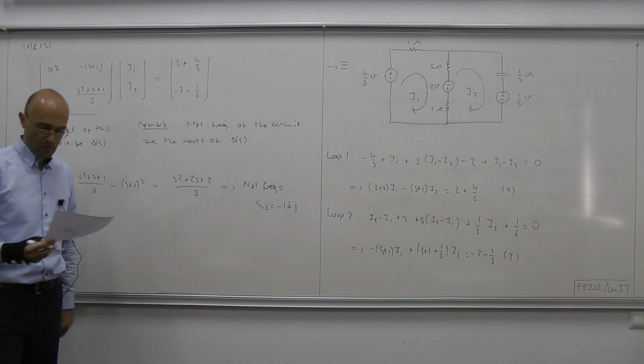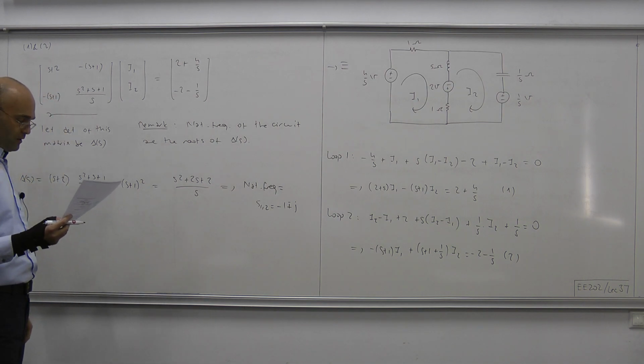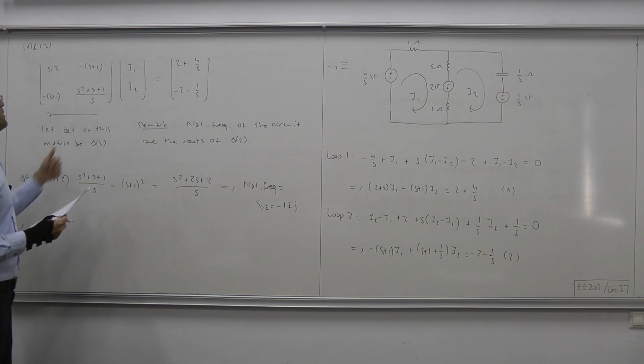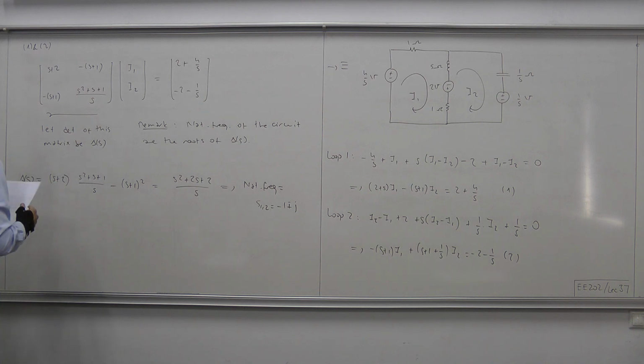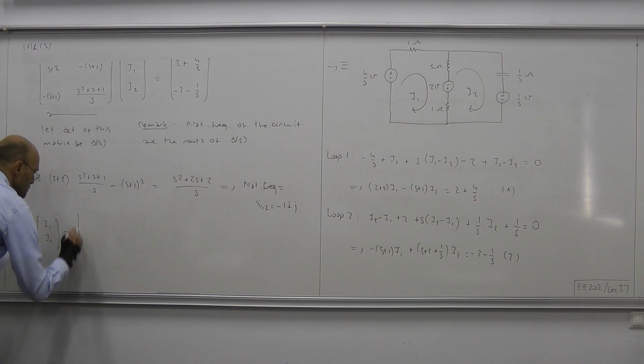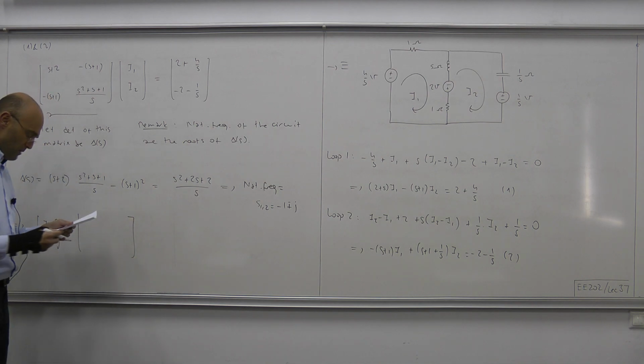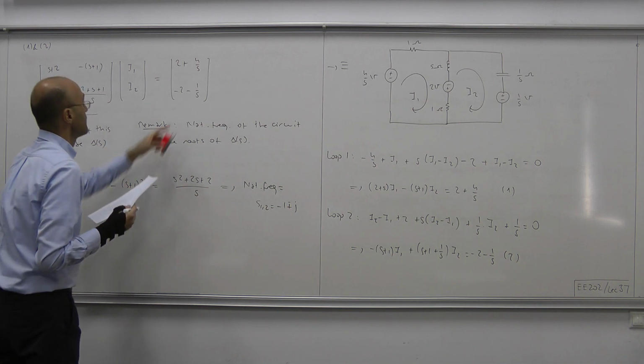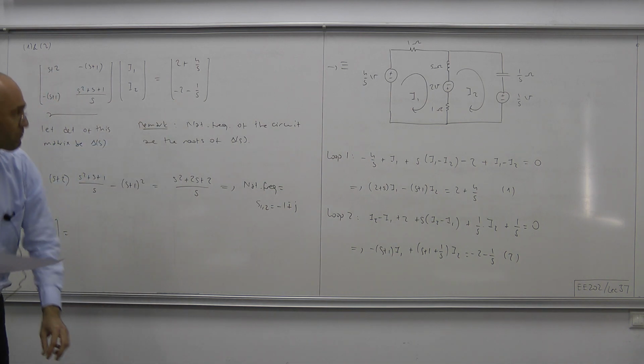Now, let's proceed with our solution. Having obtained the determinant, we can easily invert that matrix and write I1, I2 equals the inverse of the mesh impedance matrix times the right-hand side, which is this vector here.